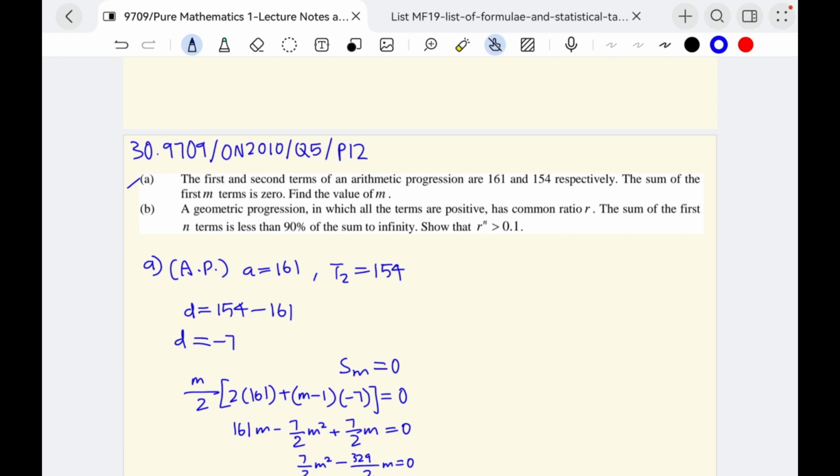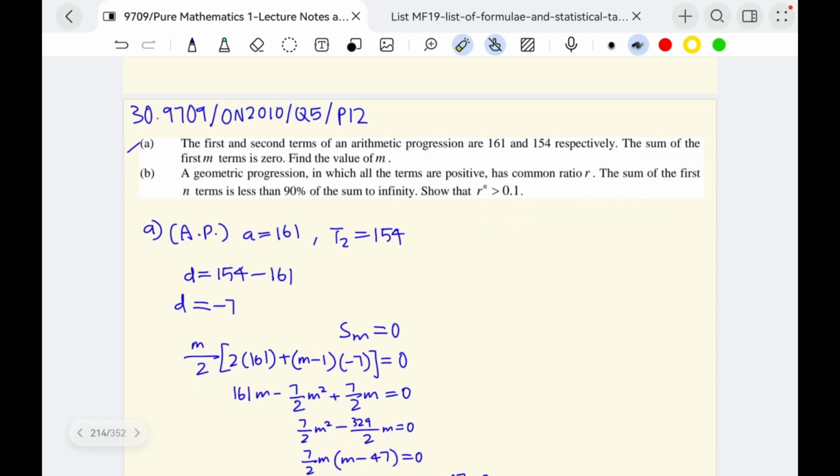Okay, the sum of the first n terms is less than 90% of the sum to infinity. Show that r to the power of n is greater than 0.1. So you must prove this inequality from this information. Okay?